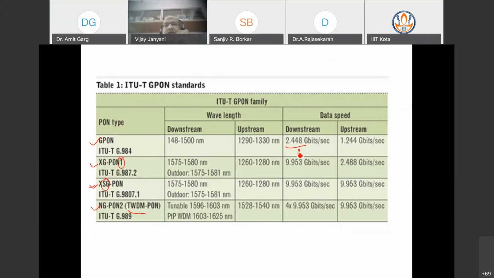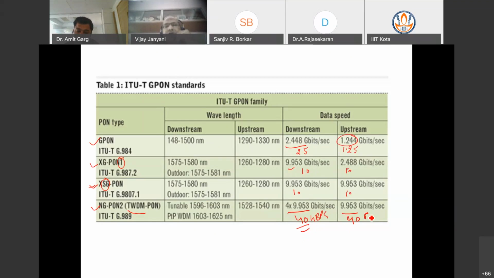As I said, this is 2.5 and this is 1.25 Gbps approximately for GPON. Then XG-PON is giving you 10 Gbps. This is also 2.5 here and 10 here for symmetrical. Here it is giving you 4 times of that. Here also it is giving you almost 4 times, so 40 Gbps.